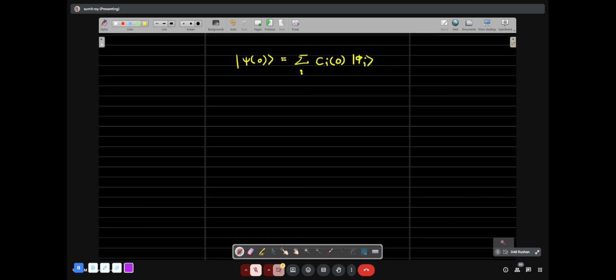Very correct. And how can you write psi t similar to this? Summation of Cit ket phi i.